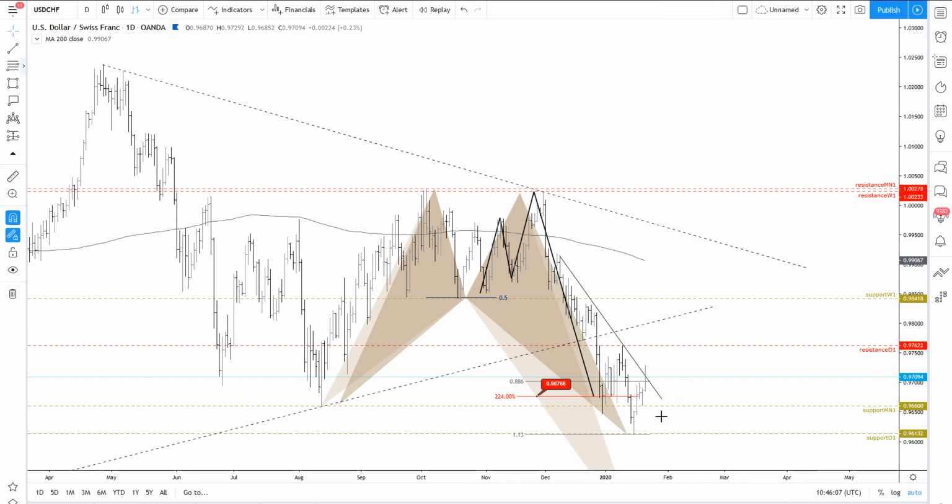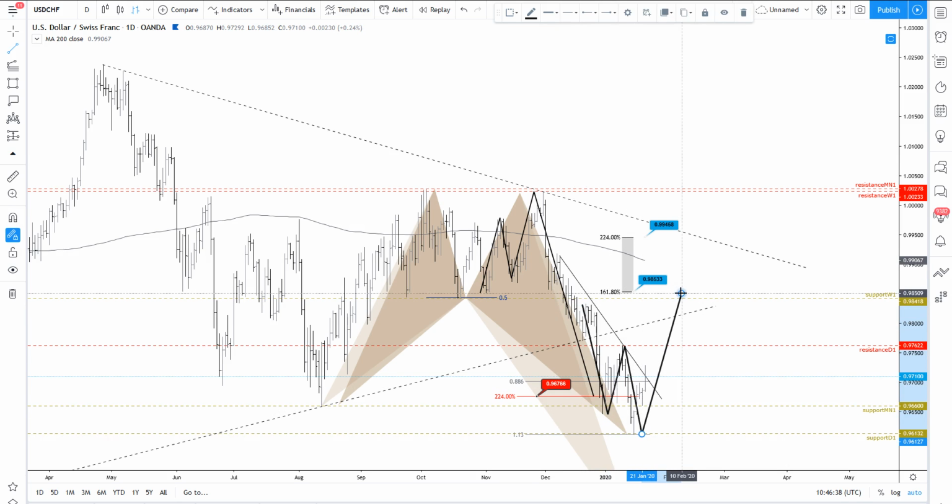And assuming this is a false breakout below, as always, we take our Fibonacci extension tool and we search for an extension of the very last swing low projected above, golden Fibonacci extension, and the 224% fib, and always the eventual reversal shark patterns between the 161 and the 224% fib.